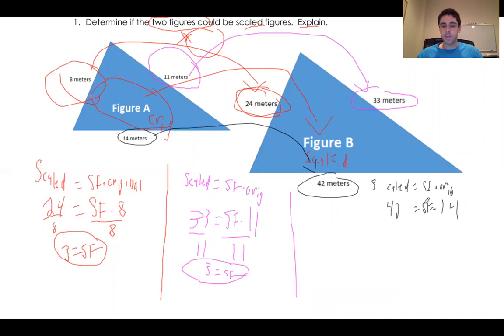Sorry, scale factor. So what is our scale factor going to be? Everyone take a second to figure that out.